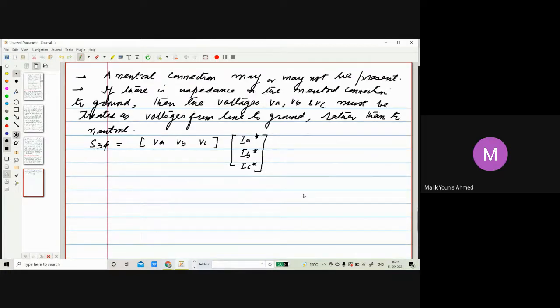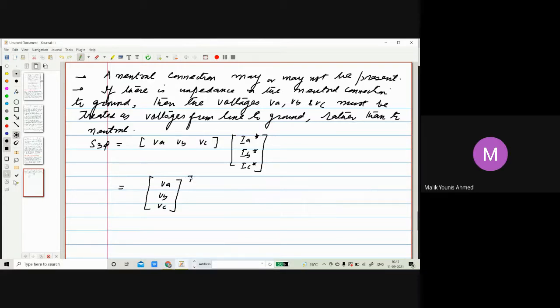Now we also know that we can write the transpose of this, where rows become columns. So this equation can be further written as VA, VB, VC with a transpose.